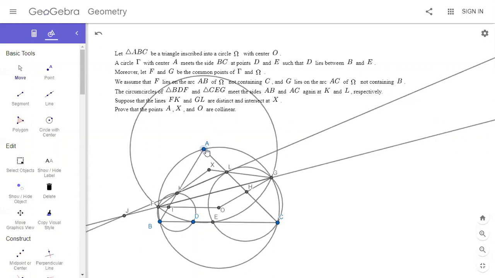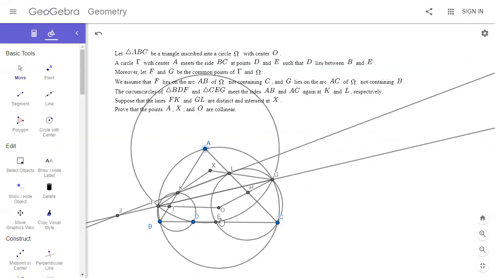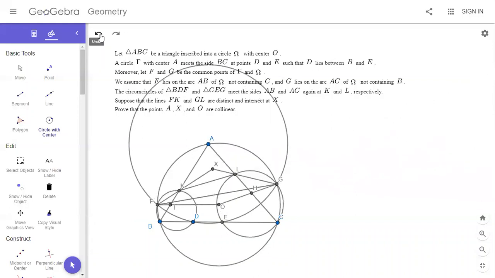It's kind of a, let's see. I'm just going to erase that stuff.